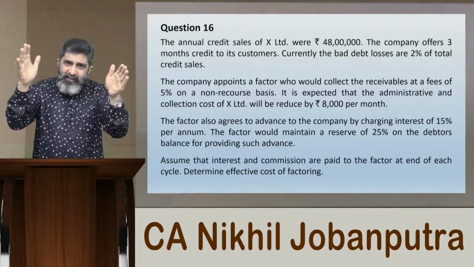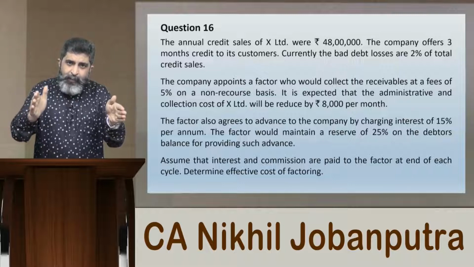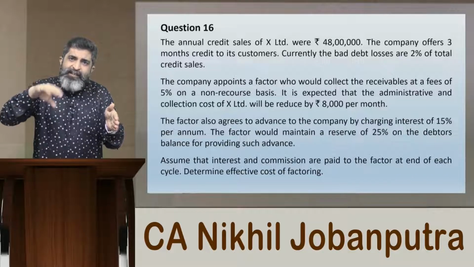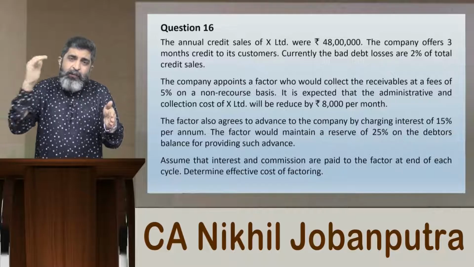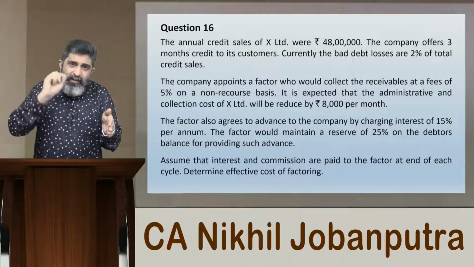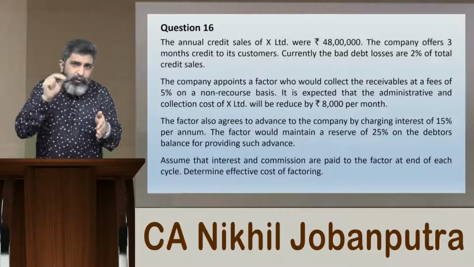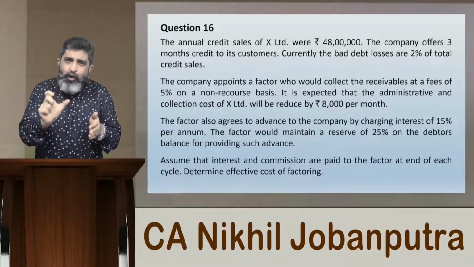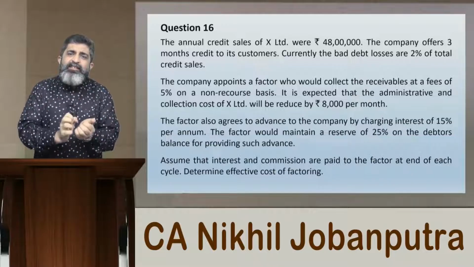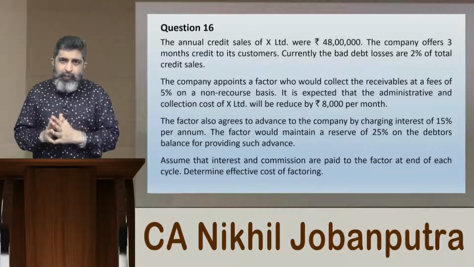So 12 lakhs is the amount that the factor will collect from my debtors. The factor will deduct 9 lakhs which is already advanced. The factor will deduct another component, that will be the factor fees, and the factor will also deduct from that money the interest on that advance, and then the balance amount the factor will pay back to me.